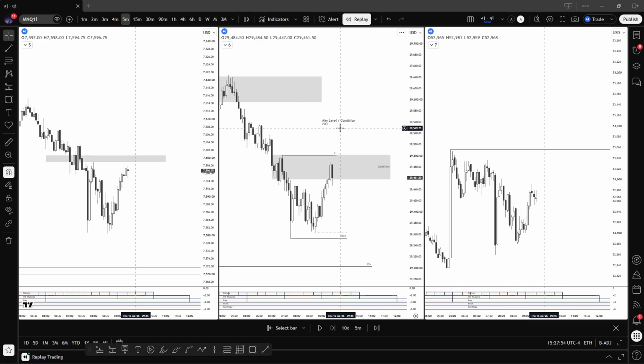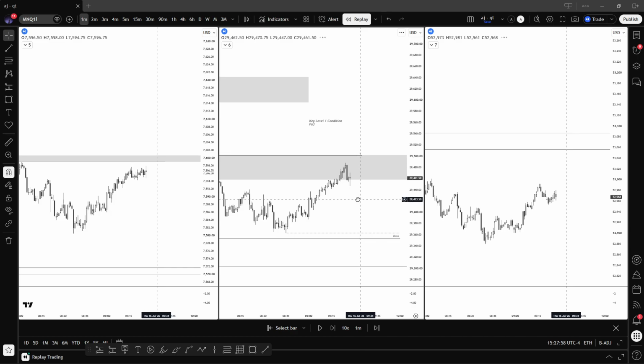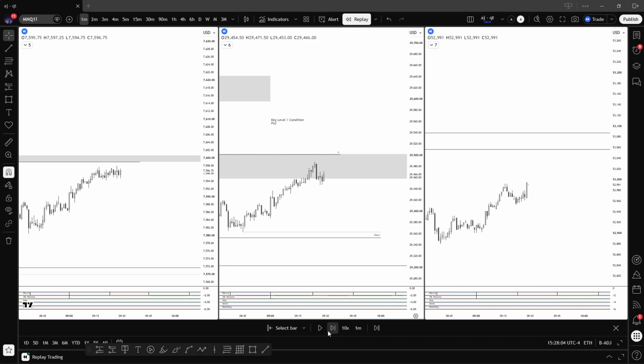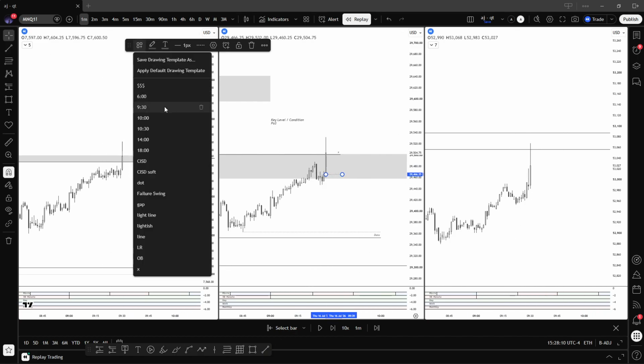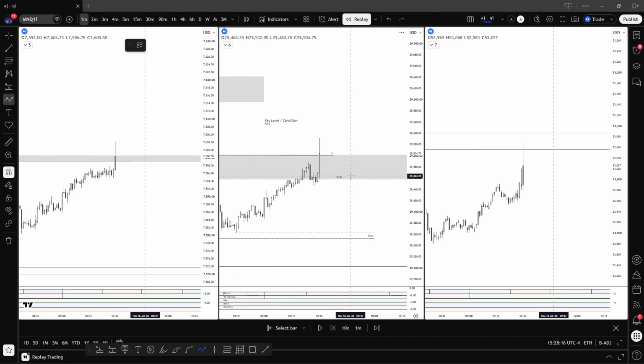Okay, so what power of three development does this trade align with? It aligns with a 30-minute power of three, the 9:30 30-minute power of three. Why? I'm going to wait until market opens. Boom. What does 9:30 do? Okay, 9:30 opens higher into that key level, right?